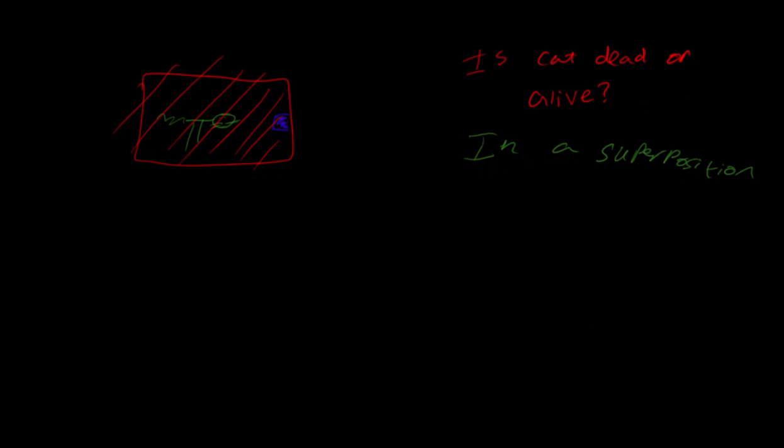You could write this as the state of the cat is equal to 1 over root 2 of being alive plus 1 over root 2 of being dead. And if you square these, you'll get that it's a 50% chance of being alive, 50% chance of being dead.